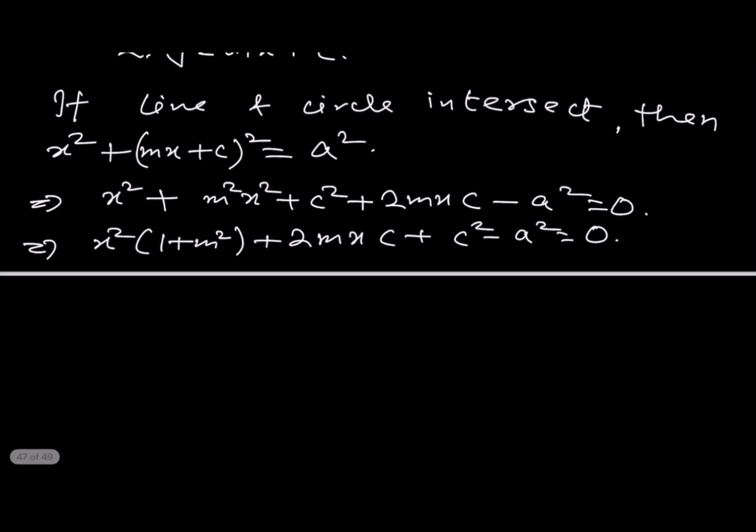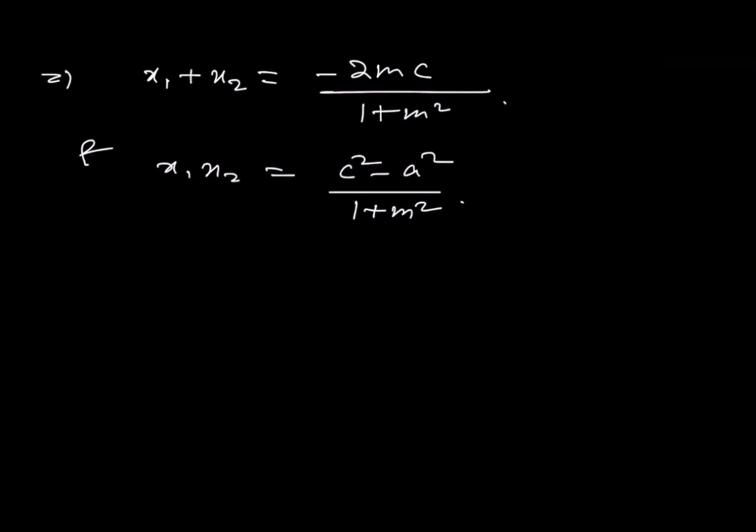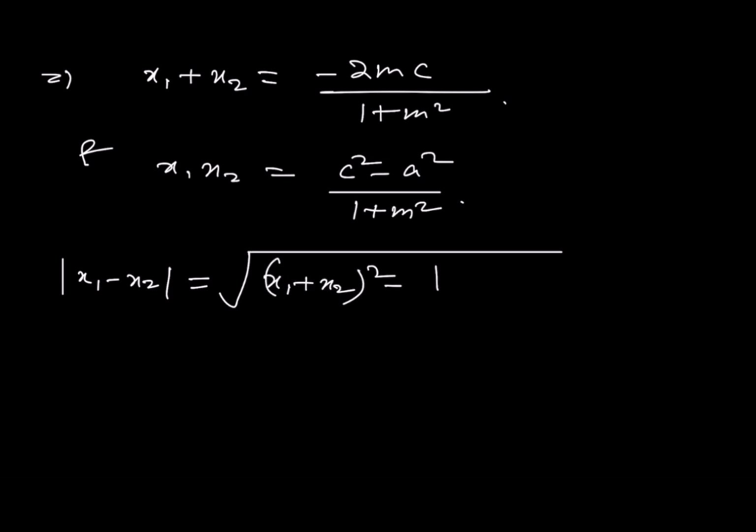So if this equation has roots x1 and x2, then x1 plus x2 becomes minus 2mc upon 1 plus m square, and x1 x2 becomes c square minus a square upon 1 plus m square. Now if I find mod of x1 minus x2, then it is nothing but root over (x1 plus x2) whole square minus 4 x1 x2.